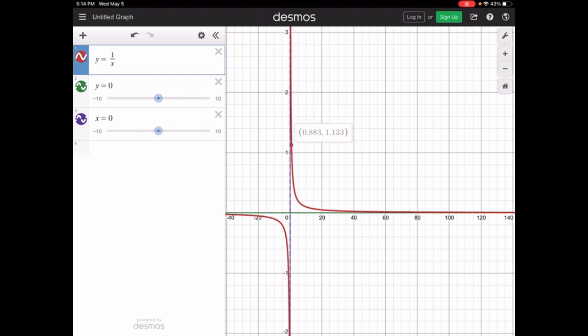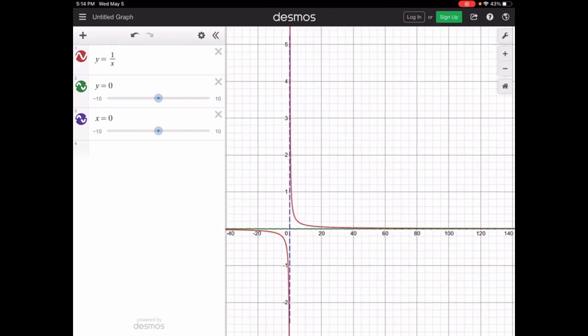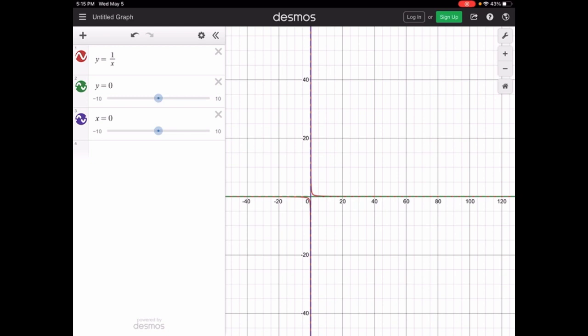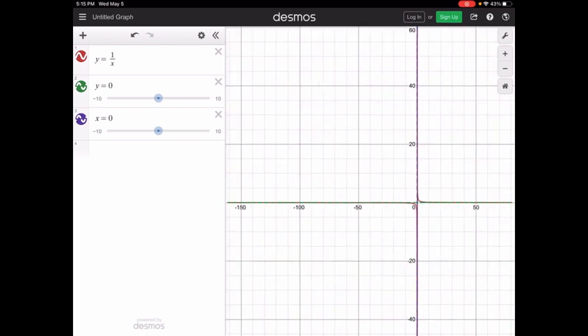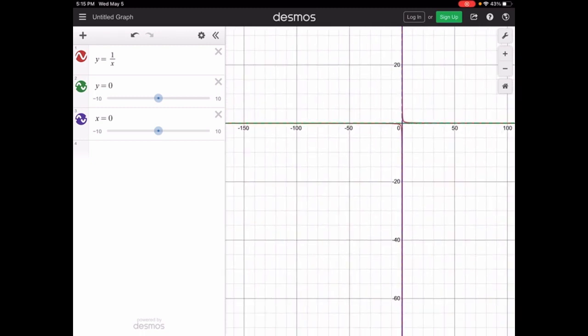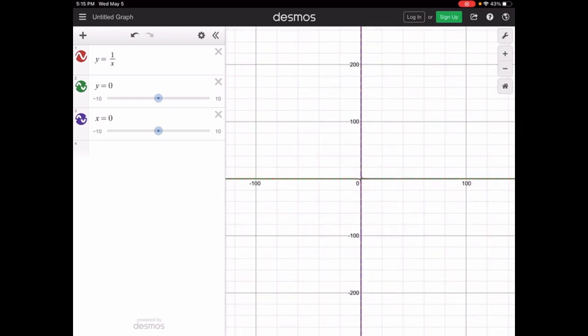So here, if you look here, it's going to get larger and larger and larger. So your y value gets larger as your x value approaches 0. So your y value is going to be going towards infinity. So your f of x is going towards infinity as x is approaching 0 from the right. If you are coming from the left, from negative infinity, you're going from left to right.